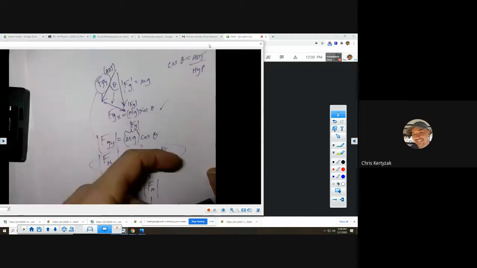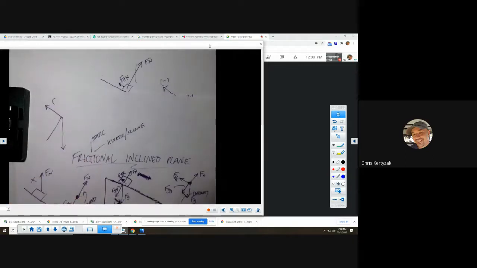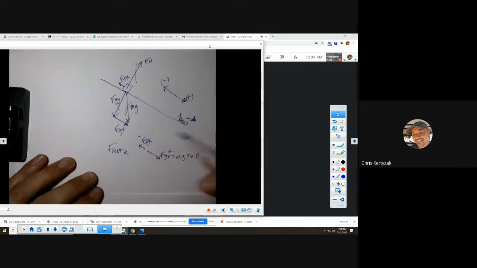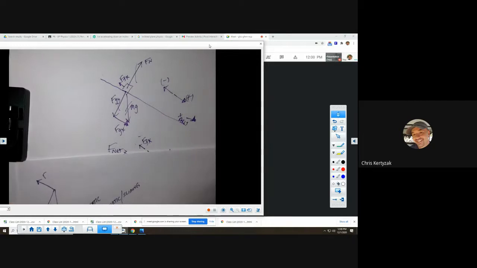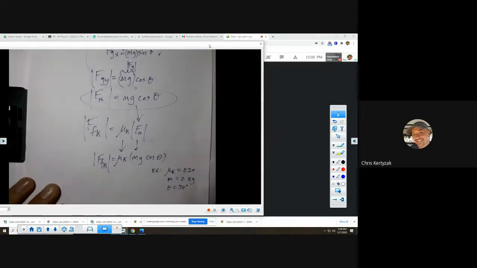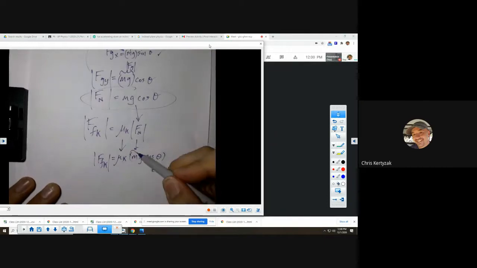Mg sine theta, that was this piece here. That's the amount of force pulling it down the ramp. What is the frictional force amount? Mu k mg cos theta, because mg cos theta is the normal force expression.